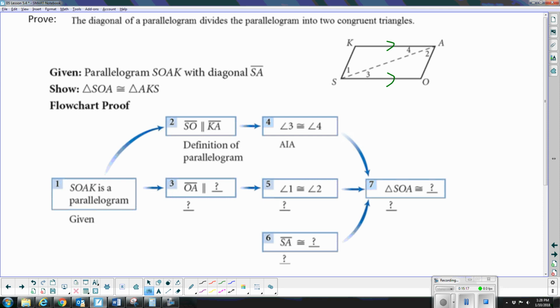And then OA is parallel to SK. And that's also the definition of a parallelogram. This right here means parallel. All right, then next we know that angle 3 is congruent to angle 4. And we know that because those are alternate interior angles.